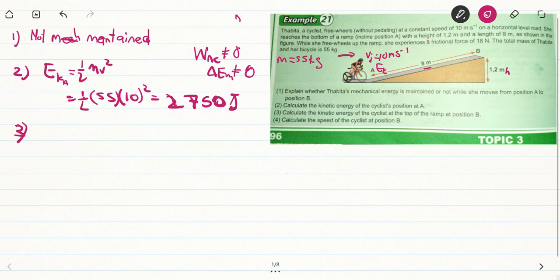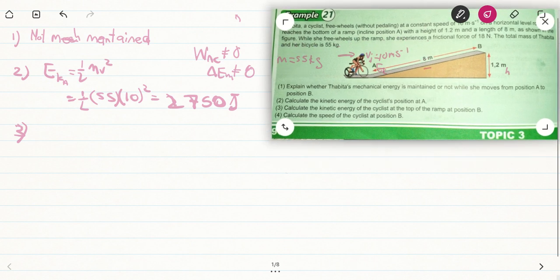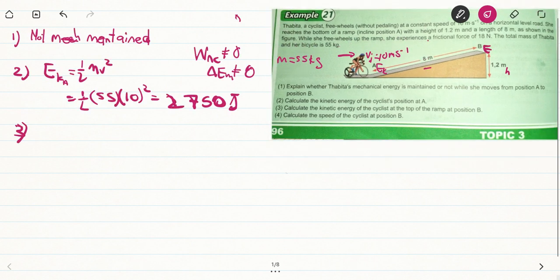Now let's go to number 3. They are saying that we should calculate the kinetic energy of the cyclist at the top of the ramp, at position B. So we want EK at B. For us to find EK at B, we can't simply use the EK equation.